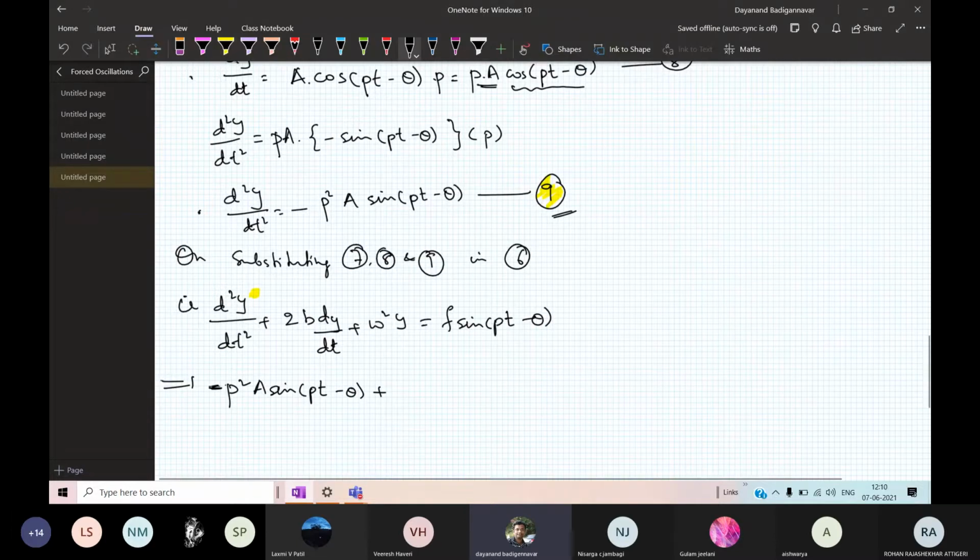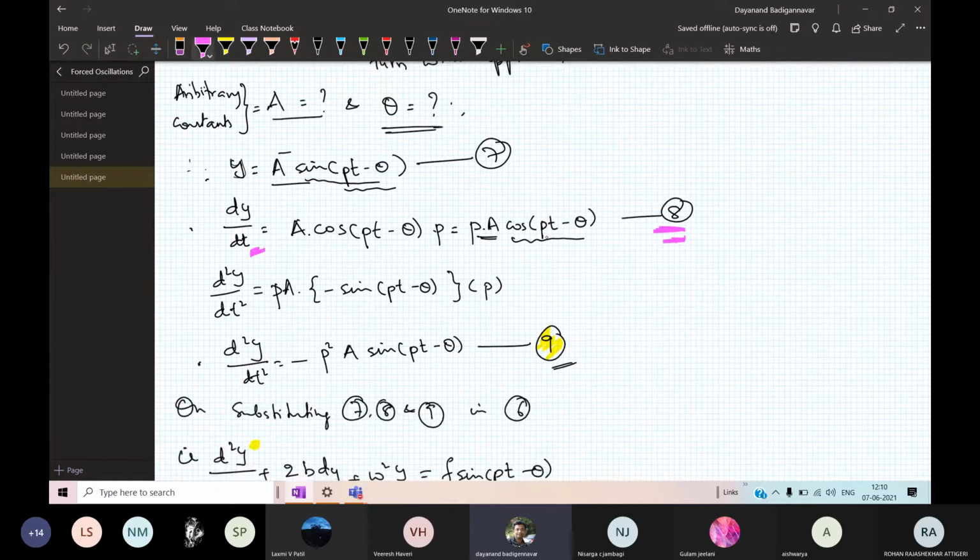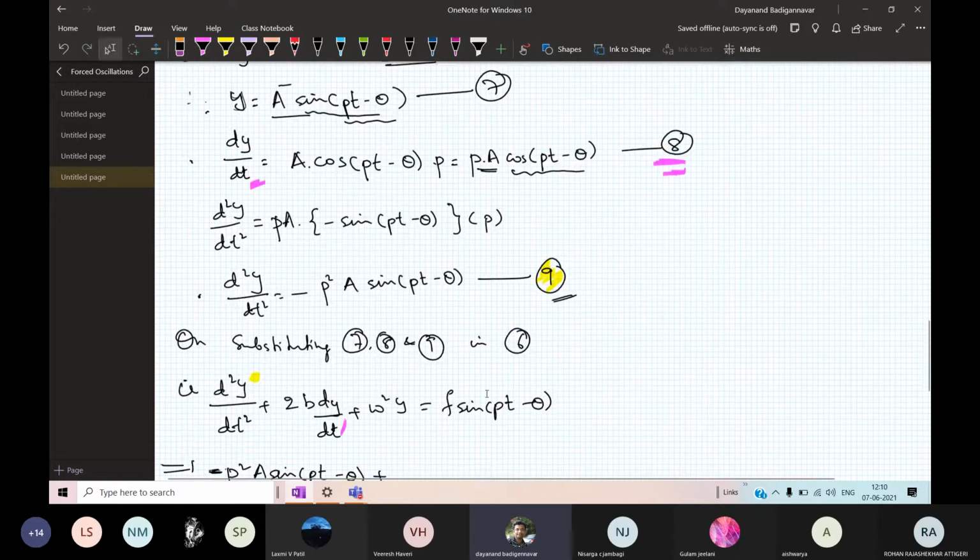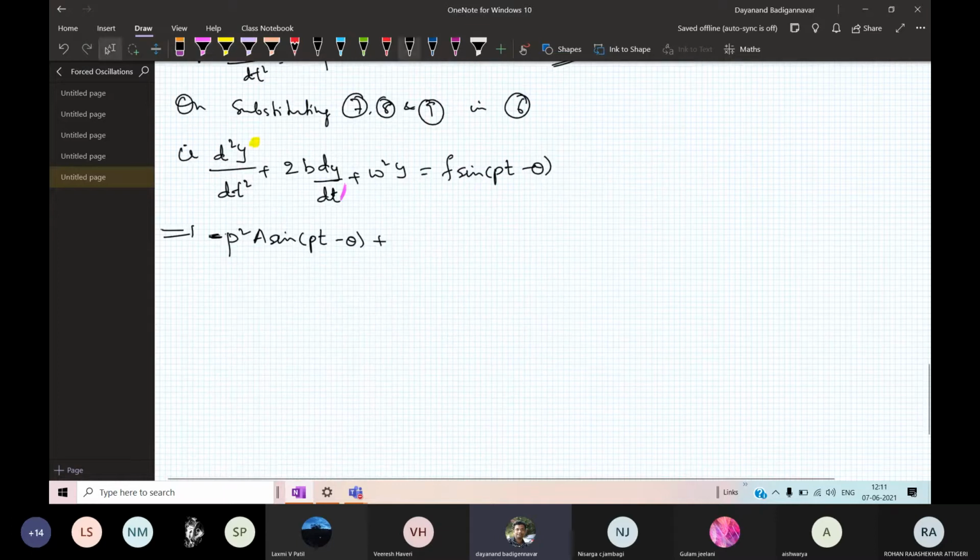I want dy by dt, which is equation number 8. Look here, dy by dt is pa into cos of pt minus theta.